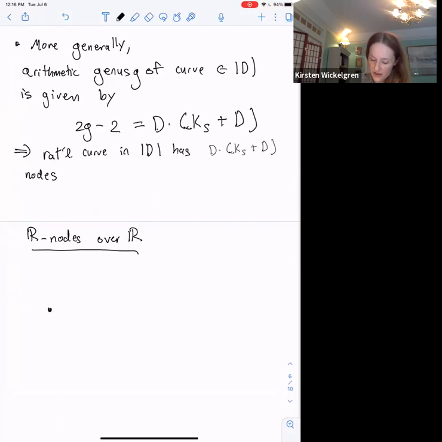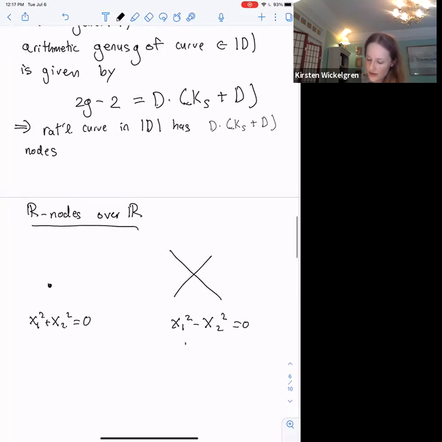We can have x1 squared plus x2 squared equals 0, or we can have x1 squared minus x2 squared equals 0. And here the tangent directions are defined over R, and so it's called a split node, and this one gets called non-split. So Welschinger says, let's call the mass of this one 0, the mass of this one 1, and ignore the complex conjugate nodes.